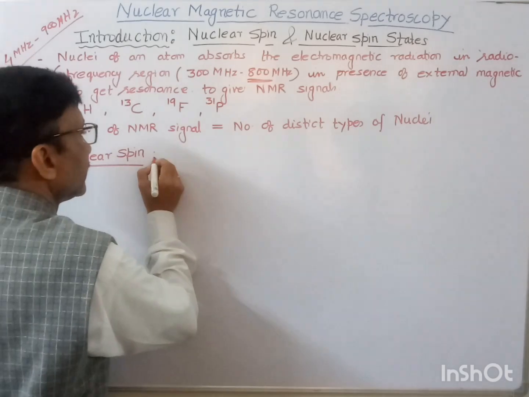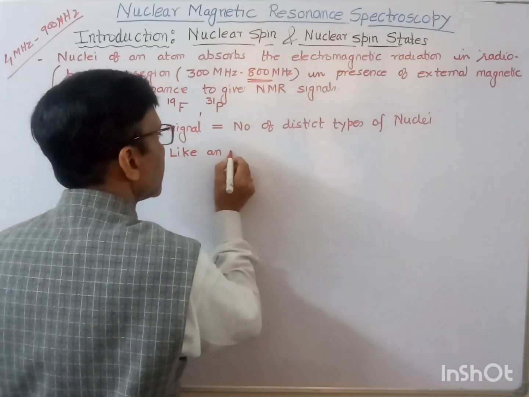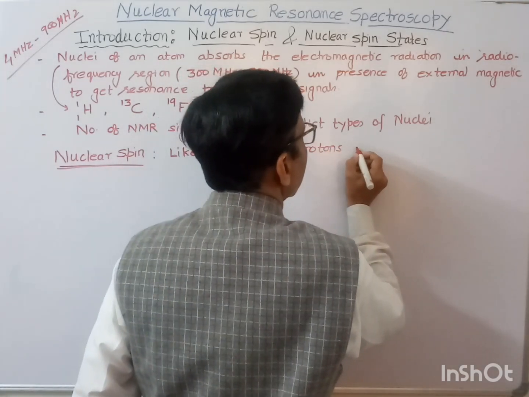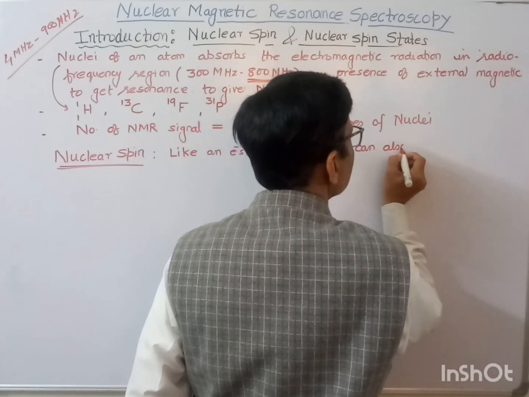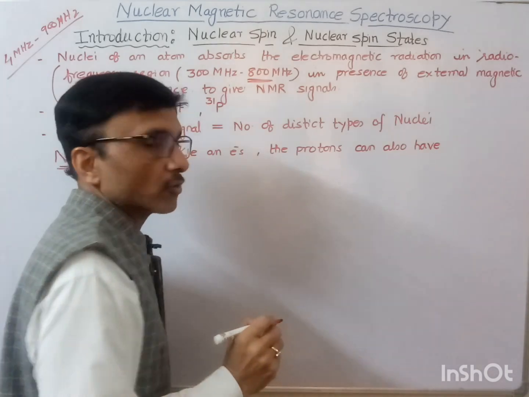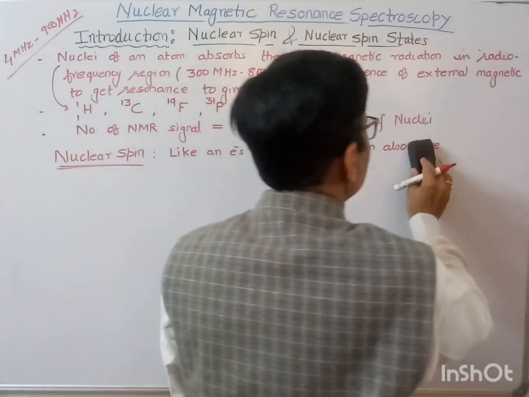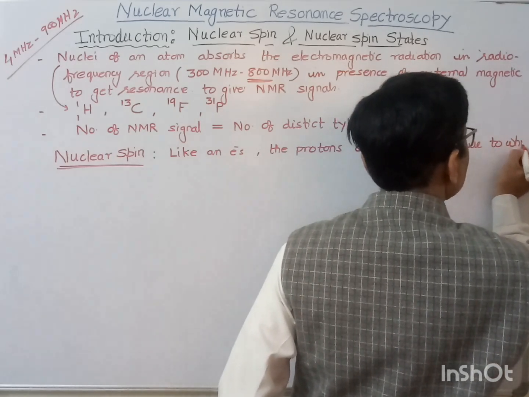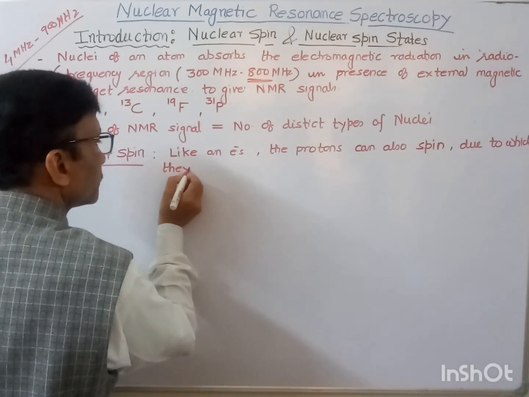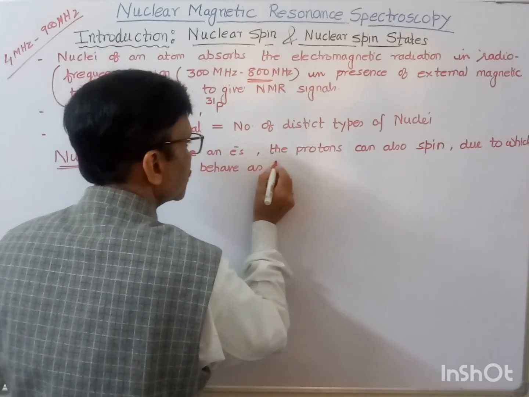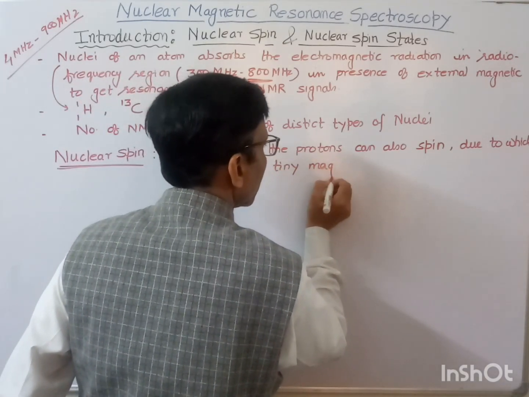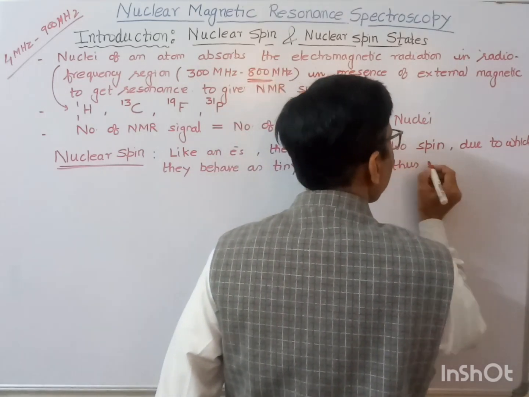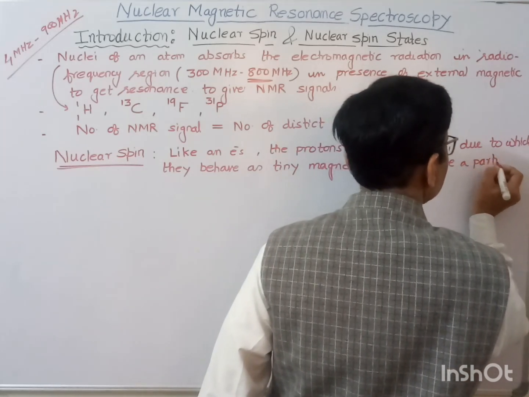So like an electron, the proton can also spin, due to which it behaves as a tiny magnet, and as it behaves as a tiny magnet, it will have a particular direction of magnetic field.